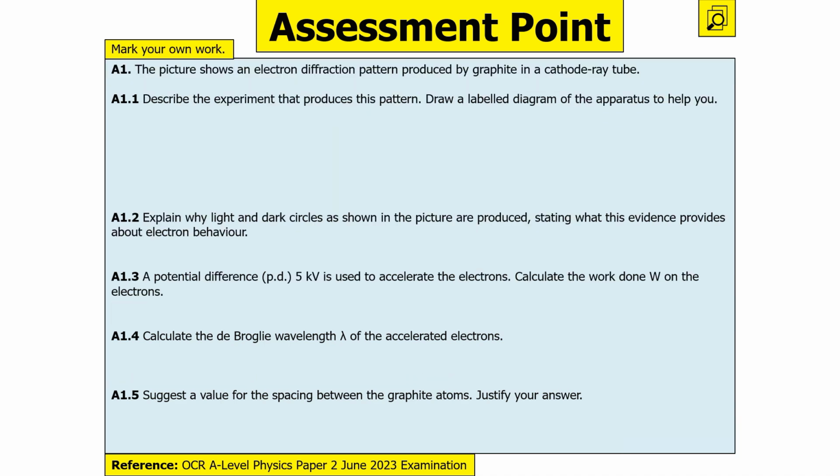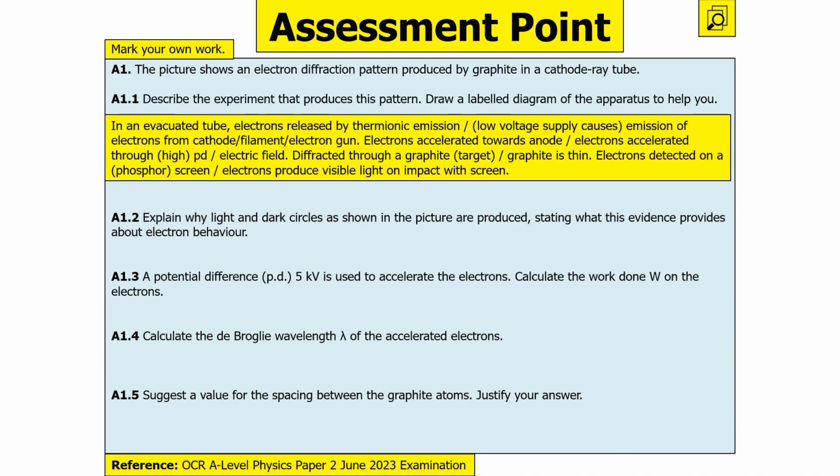So in this first question, in an evacuated tube, electrons are released by thermionic emission from the cathode, or the filament gun, or the electron gun, which then allows the electrons to be accelerated towards the anode, accelerated through the electric field. They're then diffracted through a graphite target, as the graphite is thin, and at that point the electrons are detected on a screen, and the electrons will produce visible light on impact with the screen to allow us to see these rings.